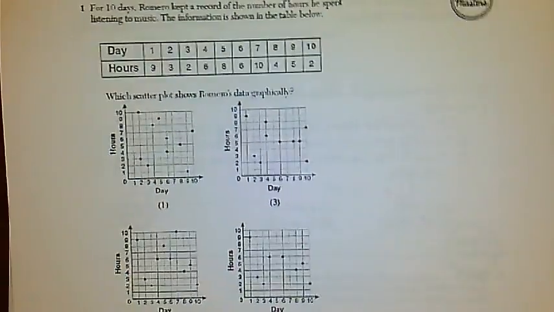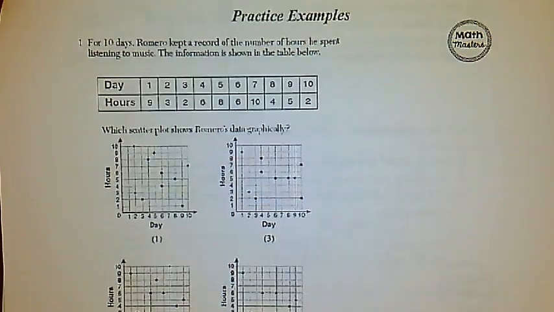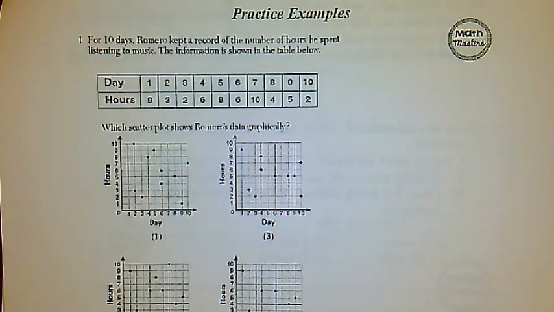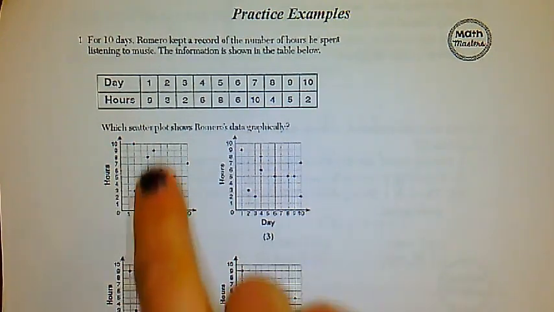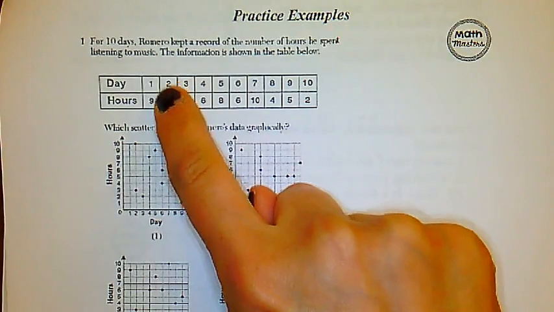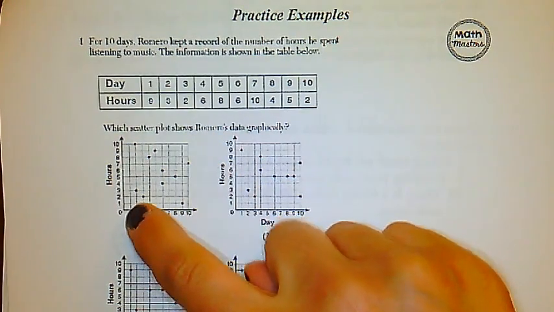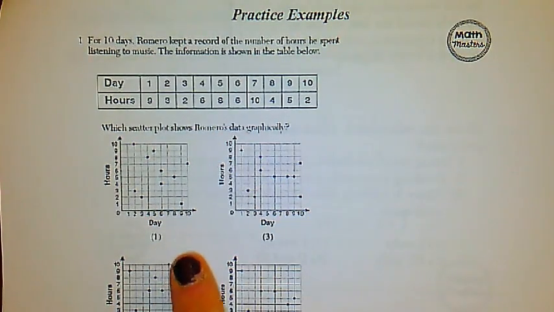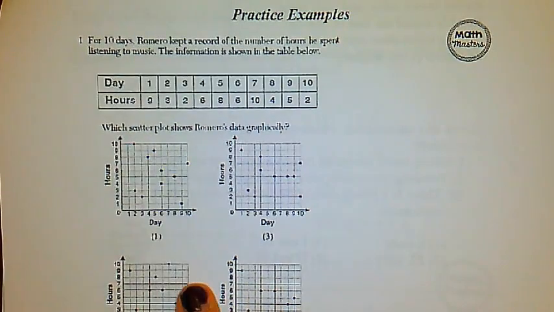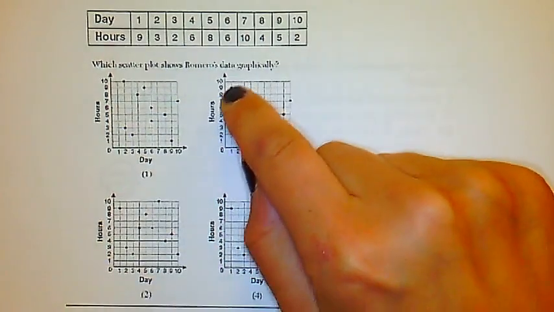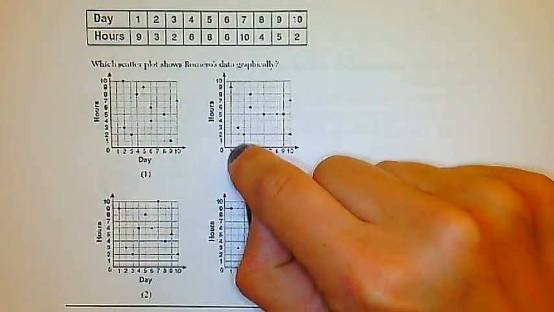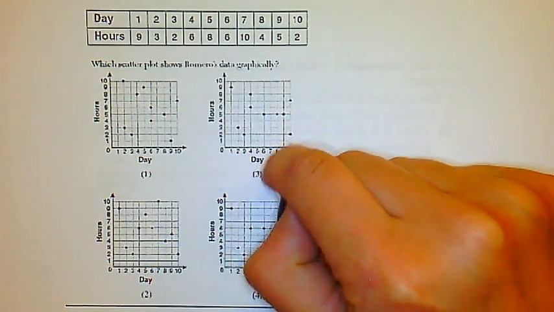All right, so we're going to do a couple of multiple choice questions for our examples. So for this, we just want to know which graph represents the data. So literally all you're going to do is go and look. On day 1, it should be at 9. Number 1 doesn't even have a 9 right there, so it's definitely not going to be number 1. Number 3, that one works. 2 goes with 3, 3 goes with 2.